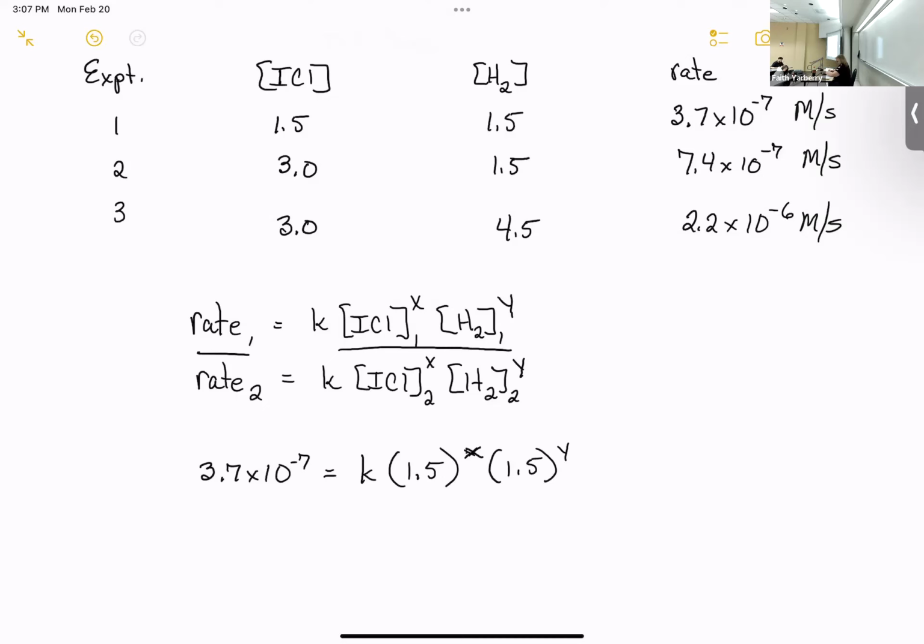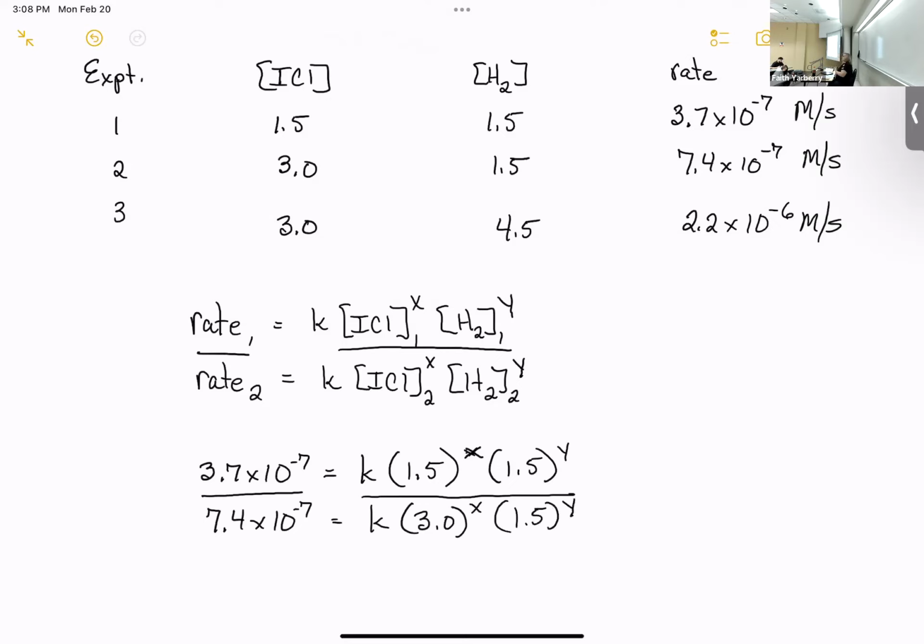And for experiment 2, 7.4 times 10 to the minus 7 is equal to the rate constant times 3.0 raised to x times 1.5 raised to y.